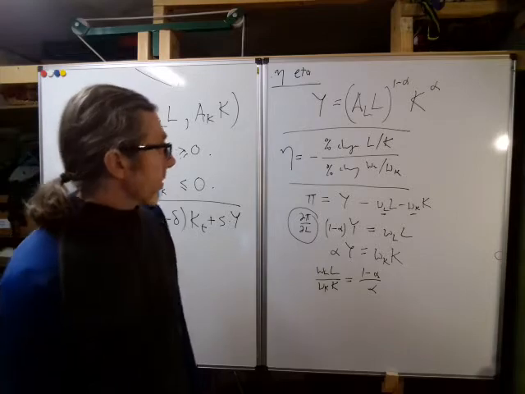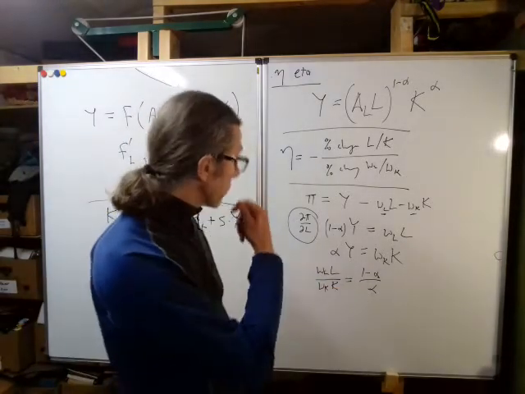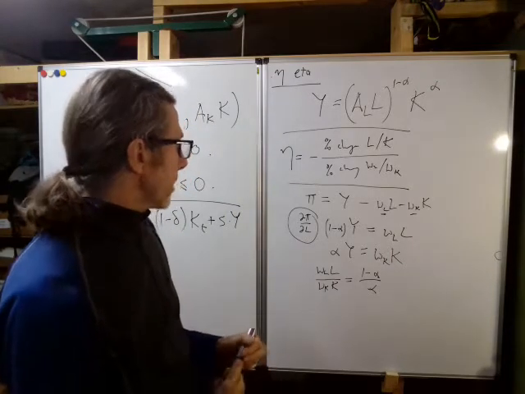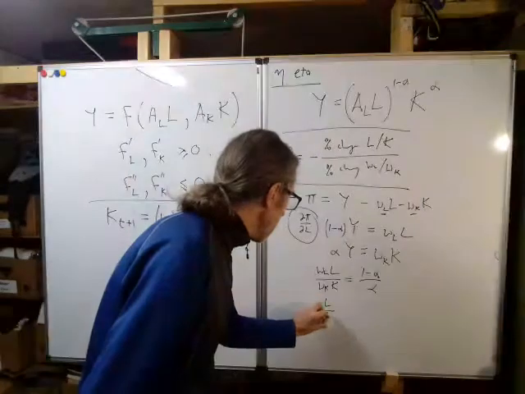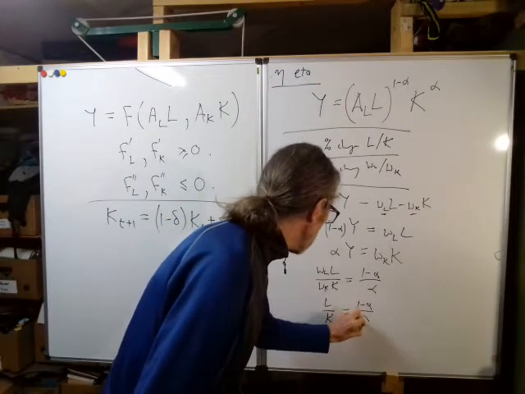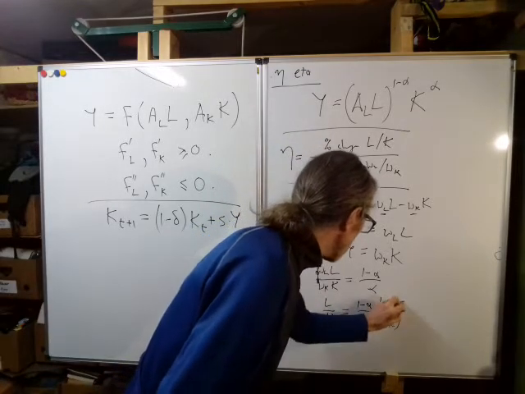Okay, and if we rearrange this, we can say that L over K is equal to 1 minus alpha over alpha, WL over WK to the minus 1.